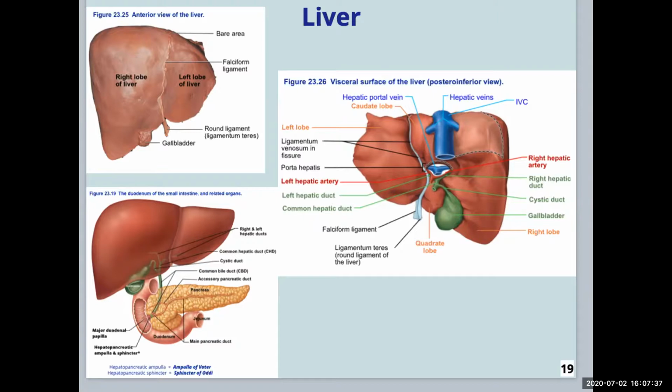Okay, and bile is important for the process of fat emulsification, which is breaking down large fat droplets. And I can post a video on this. Okay. It's also important for the processing of absorbed nutrients.